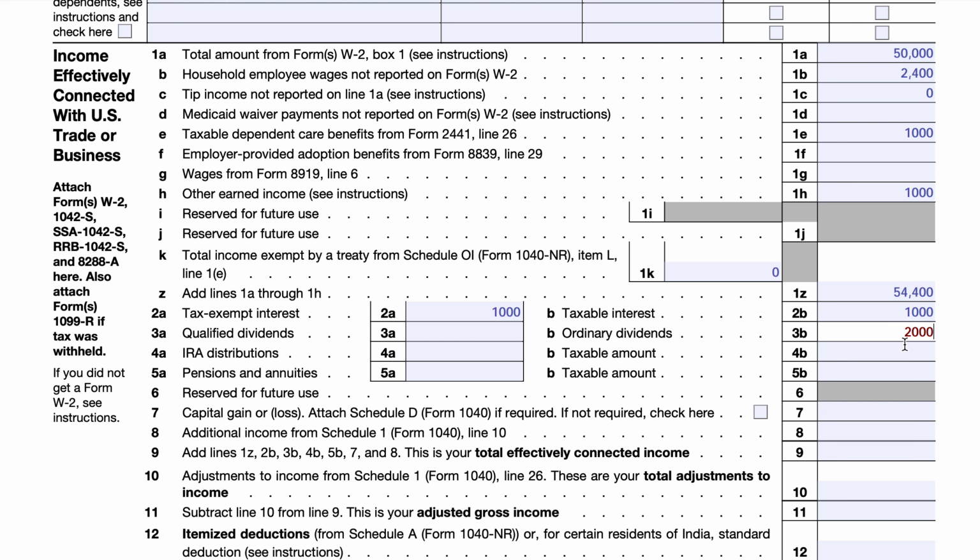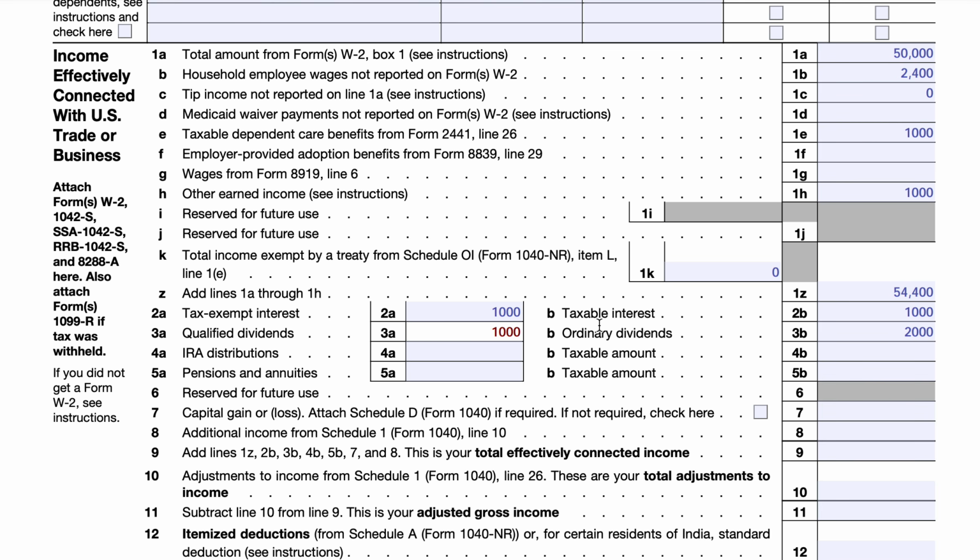You would put the total amount here, but $1,000 of that would be qualified dividends. So the way I read this tax form is that John Doe received $2,000 of total dividends, $1,000 was qualified dividends. So really the ordinary dividend portion was the $2,000 minus $1,000, or $1,000 total.